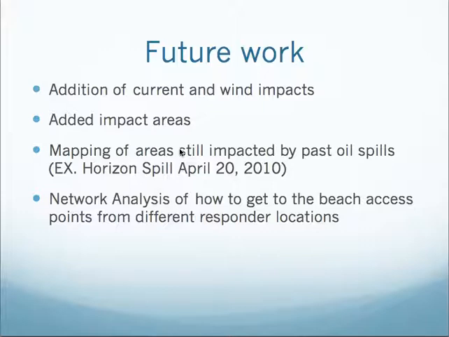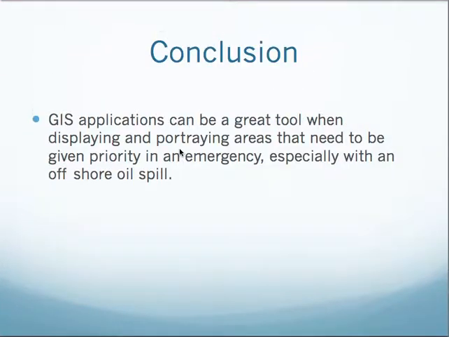Add impact areas, map areas that are still impacted by past oil spills that have actually happened here in the Gulf of Mexico, for example, the Horizon spill in 2010 that happened out of Louisiana by BP, British Petroleum. And then also maybe even add a network analysis using the roads to show first responders easiest and fastest ways to get to beach access points from their different locations.